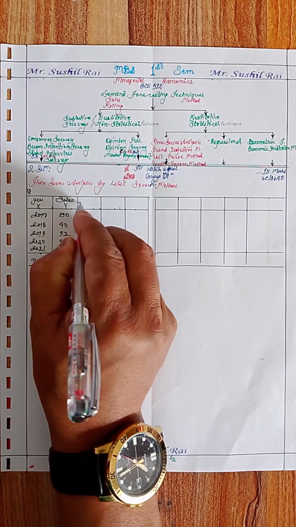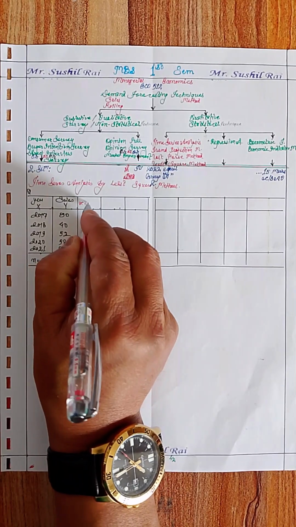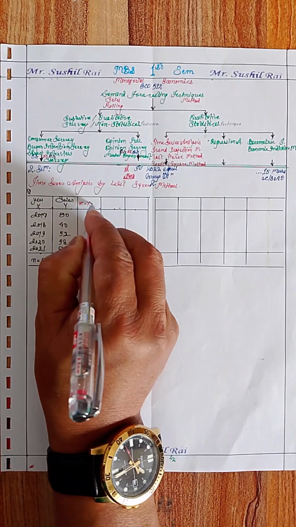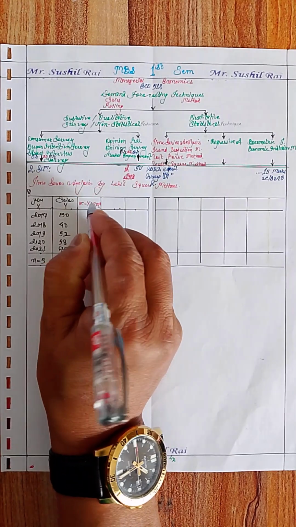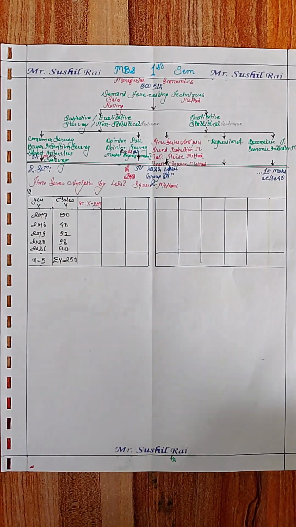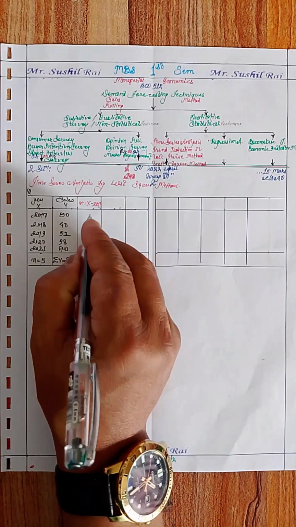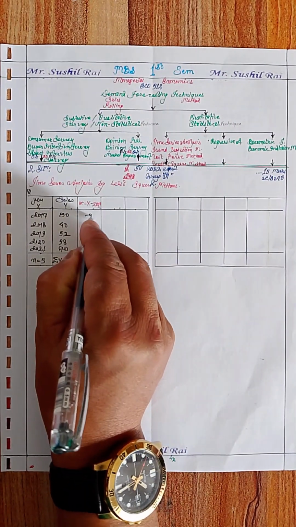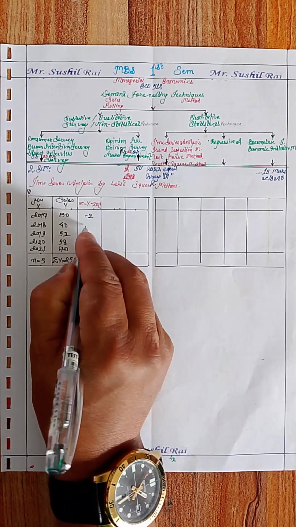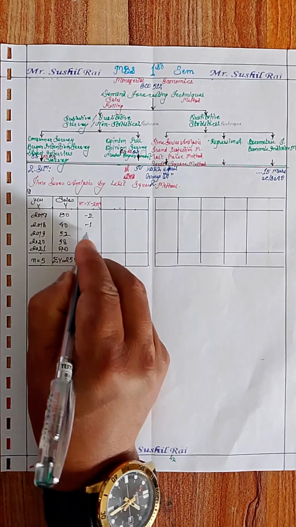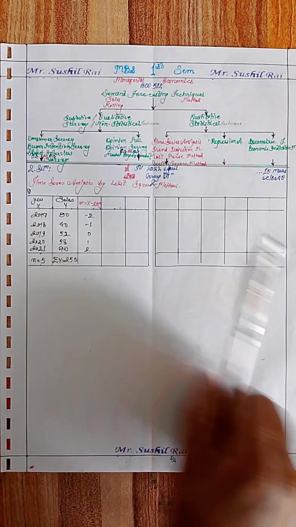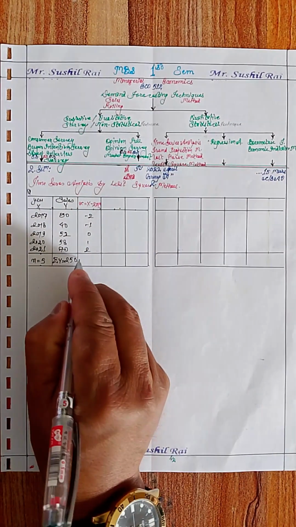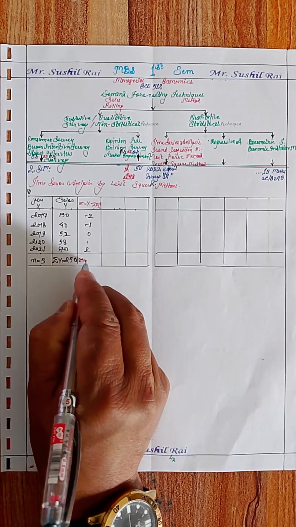Small x is equal to X minus 2019: minus 2, minus 1, 0, 1, 2. Summation x is equal to 0.